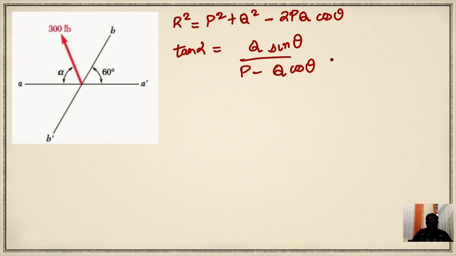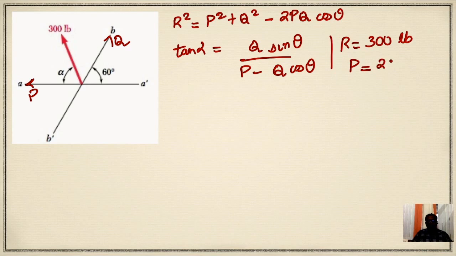So over here the value of R is given to us without any issues, that is 300 pounds, and the value acting along A dash is also given, so we'll just take it as P, and the one that is acting along B dash is Q. So P is also given to us, so that value is 240 pounds.